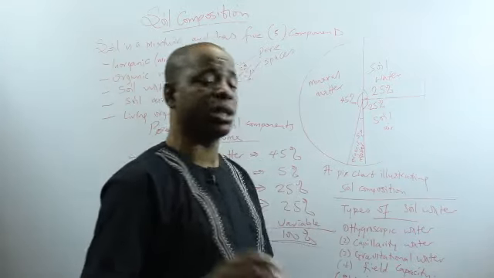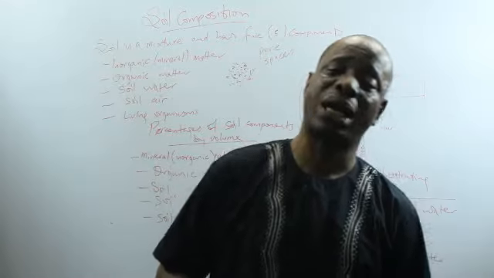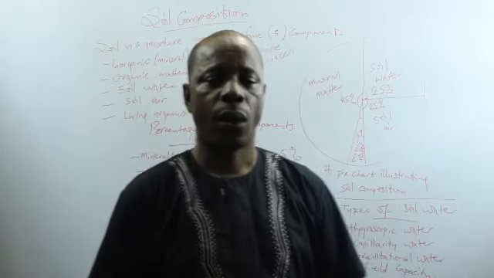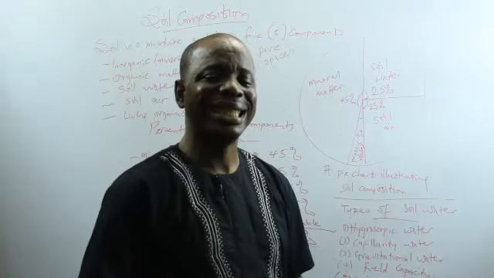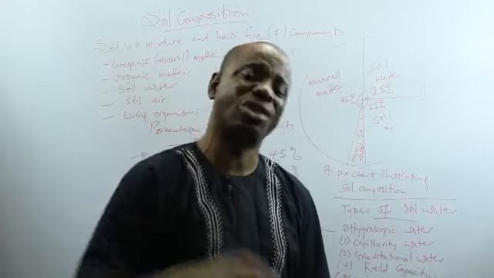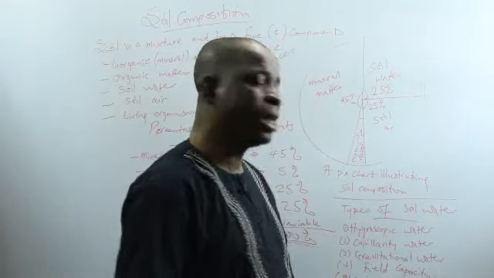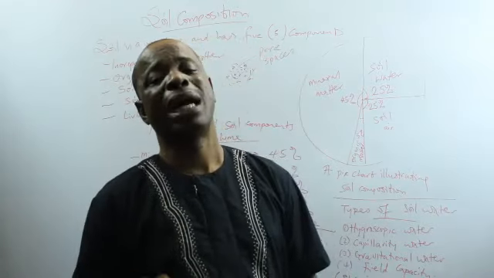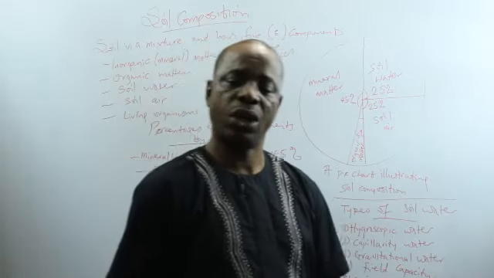But whenever the water is not enough from the soil and the roots cannot pick the water, the plants begin to dry up. The amount of water in that soil during which plants begin to dry up is called wilting point. If you quickly apply water by irrigation to the soil, the plant will resuscitate, will come alive again, and they continue to grow.